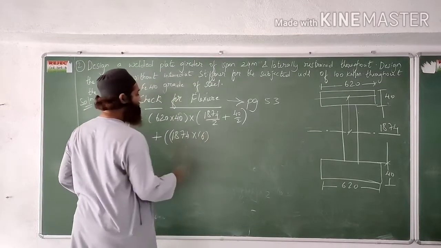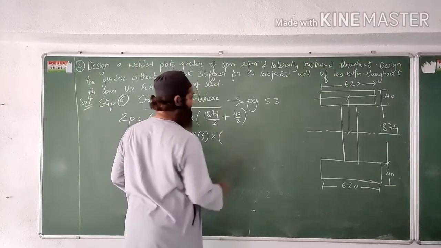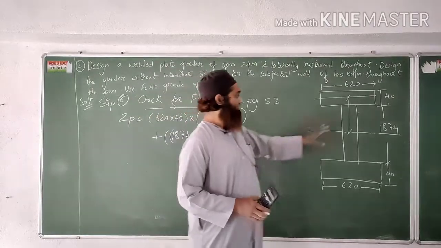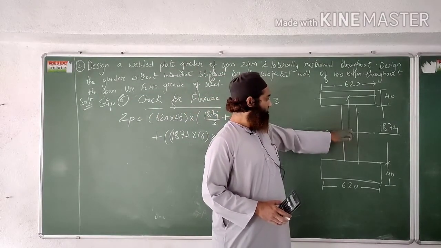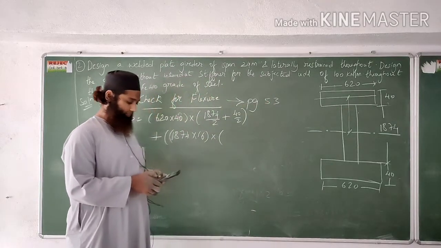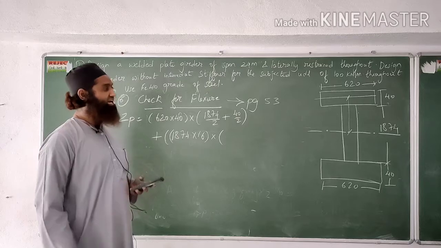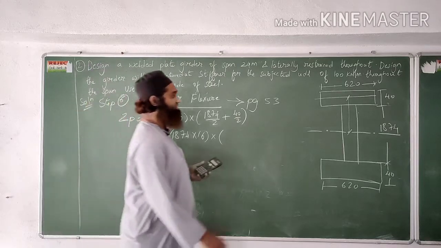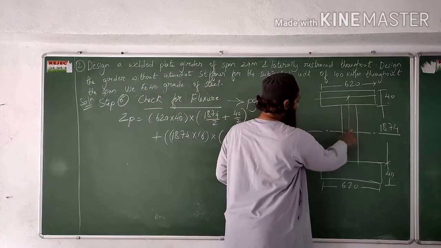So into CG of the web. Already we are seeing from this center, so 1874 by 2 is 937. This part is 937 from here to here.